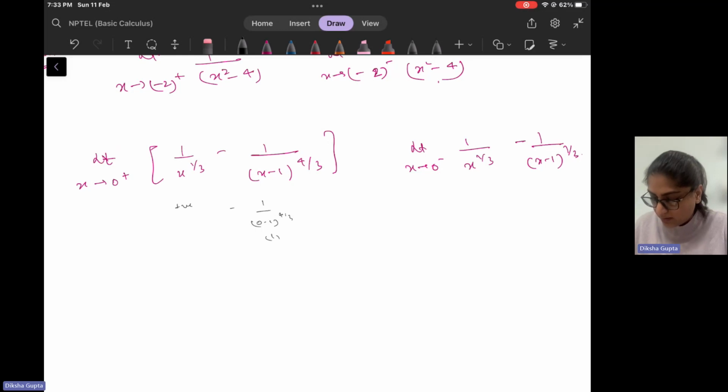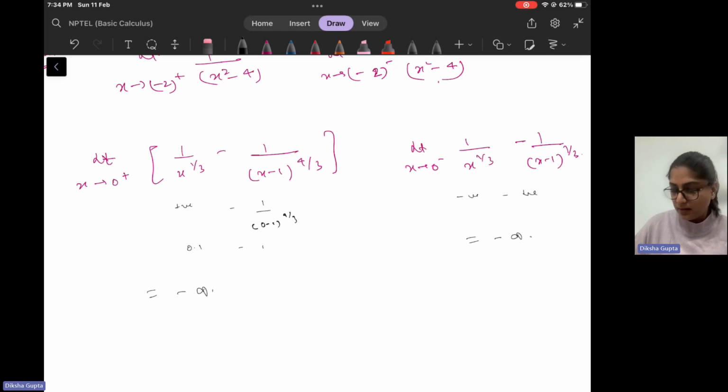Okay, so this will be something less than, yeah, so this will be 1, 0 minus 1, 4/3, this is something 1, 0 point something 1 minus 1, so this will be negative, so this is minus infinity. So now here this is something negative minus 0, and this is negative, so this is again minus infinity, right? I think this is right, fine.